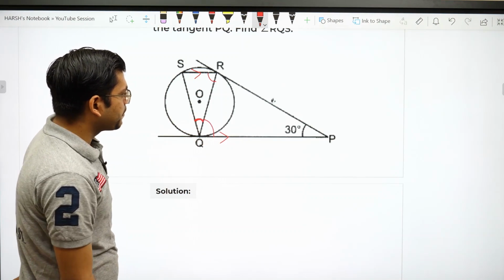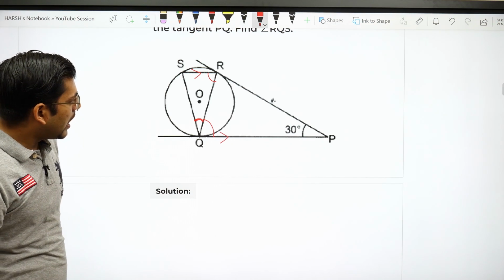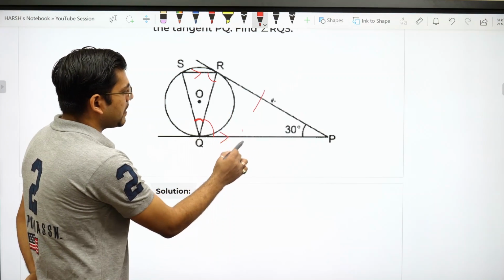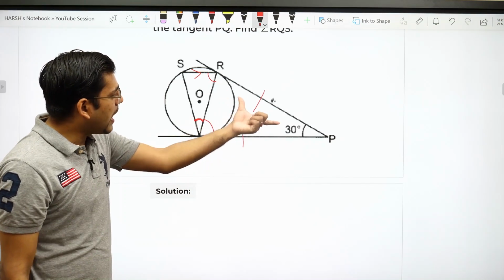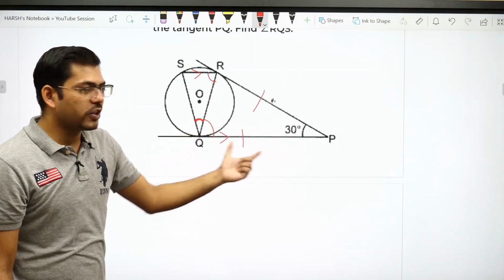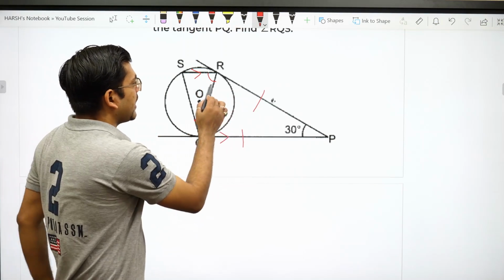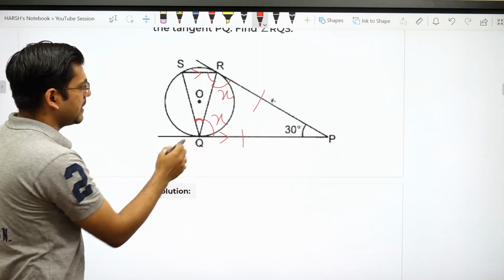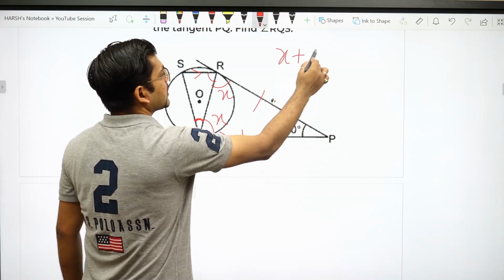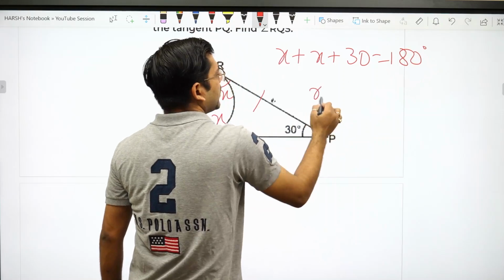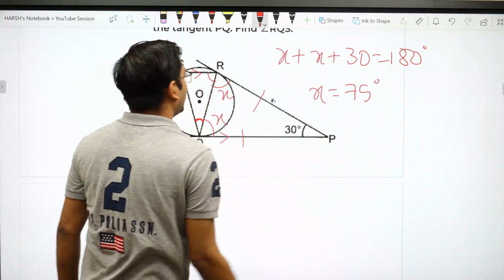Apart from that, do you know that RP and PQ will be equal? RP and PQ will be equal because they are equal lengths of tangents from an external point. So if they are equal, this angle and this angle will be equal. If I say it x, then x and x will be equal. So I'll just write it down, x plus x plus 30 is equal to 180 degree, and solving them, x will be nothing but 75 degree.